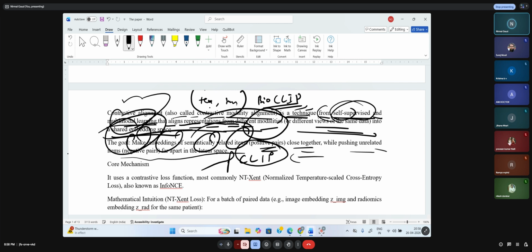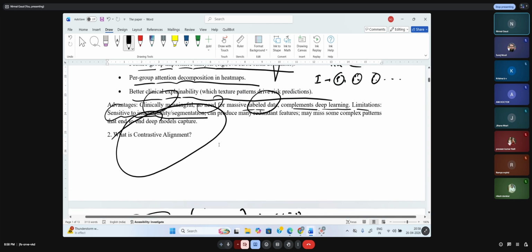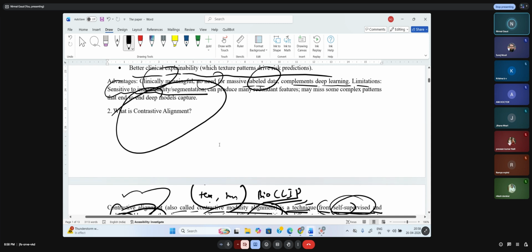And it's not a new thing. We already learned it in the previous workshop: contrastive learning, contrastive alignment. Those which are the same, their embeddings and vectors will be the same, they will be close. Those which are not the same will be far.